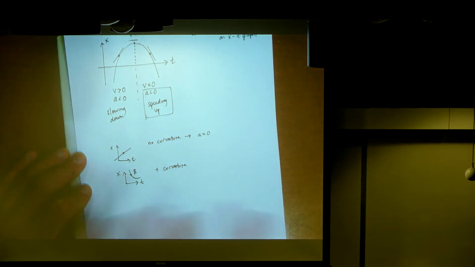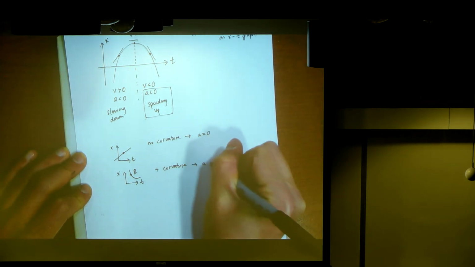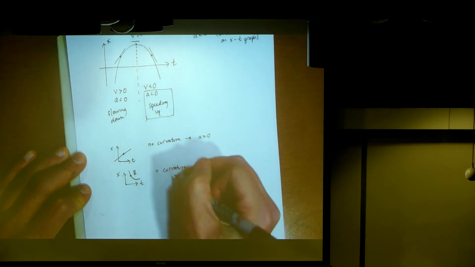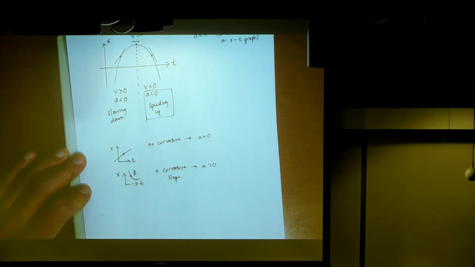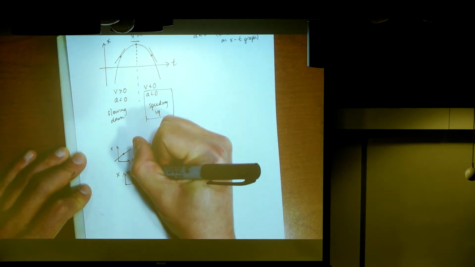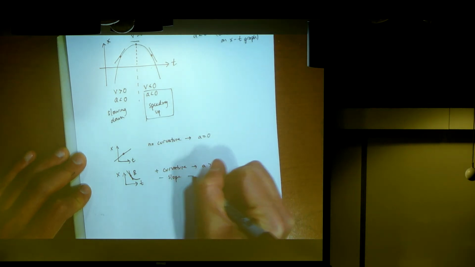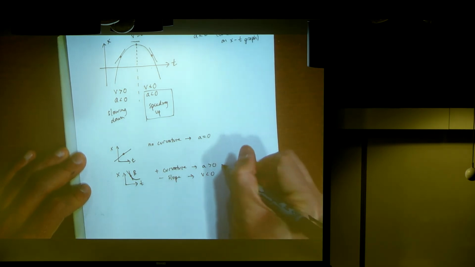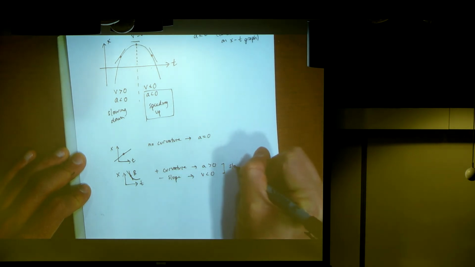So that implies a is positive, doesn't it? But what about the slope? What does the slope of our graph look like here? Negative. Yeah, it's negative. Draw the tangent line to the graph. It's sloping down, so we have negative slope. That implies v is negative. Because we have acceleration and velocity going opposite ways, we must be slowing down.